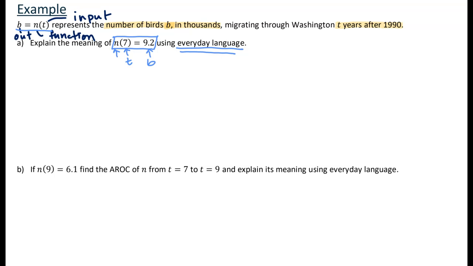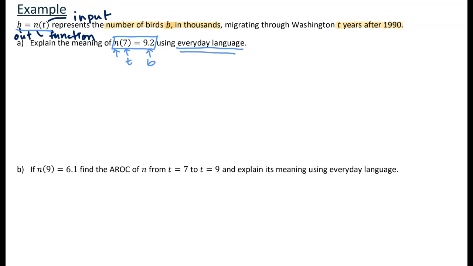Doesn't matter what order that's written in. What really matters is what's in the parentheses. That's always your input. What's on the opposite side, that's always your output. And it will also tell you the function name, which sometimes is kind of boring if you're only working with one function, but can be really useful and powerful just for being really clear about what information you're giving.